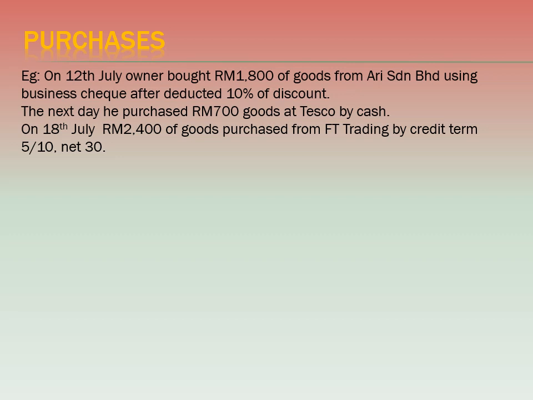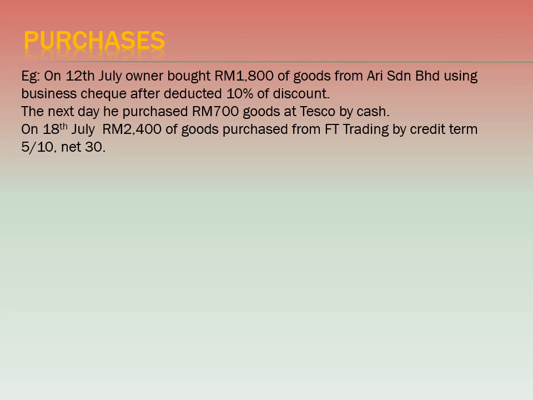Here the transaction is on the 18th. So the 10 days means that the last day that the business can get the cash discount is if the business pays on or earlier than the 28th. If the business pays on the 29th, you will not get a discount.